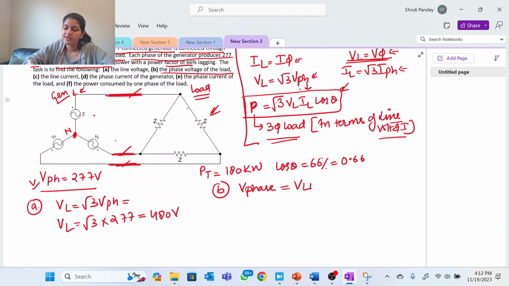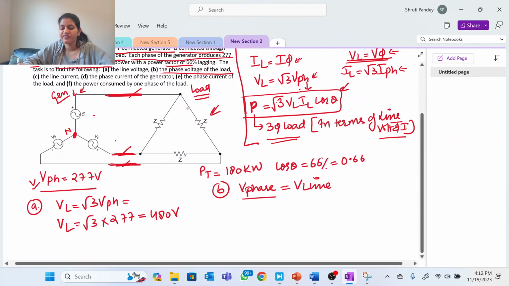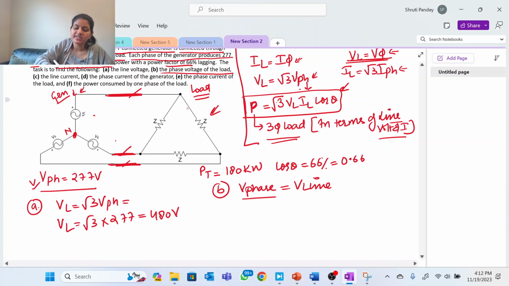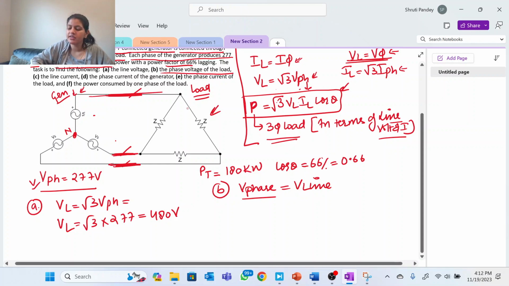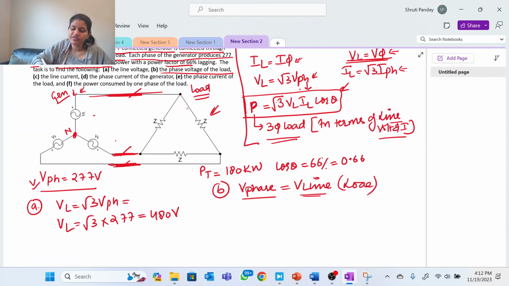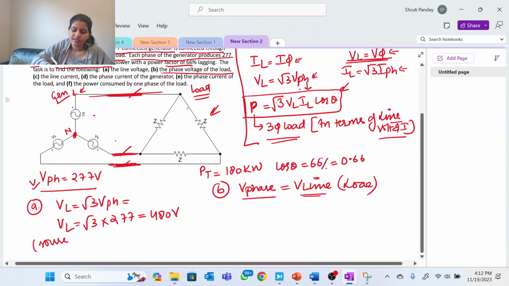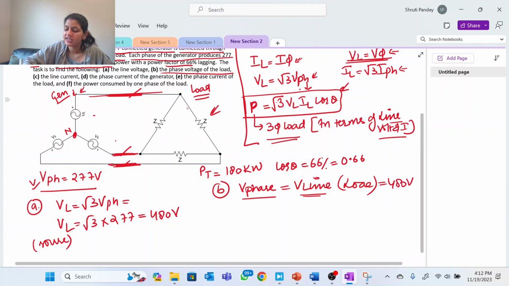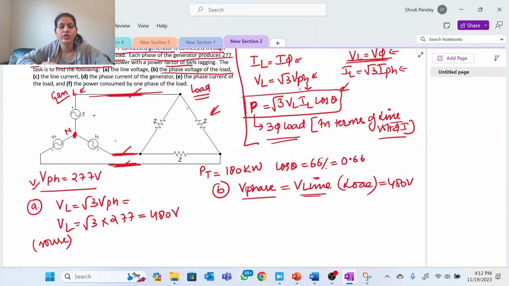So whatever the V line is, that will be the value of V phase. I told you that these three lines are common, so V line for the load will be equal to V line for the source. So this will also be 480 volts, because the line voltage of the generator side is 480 volts.